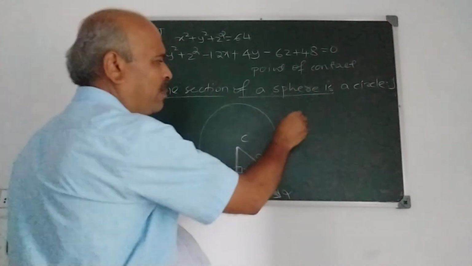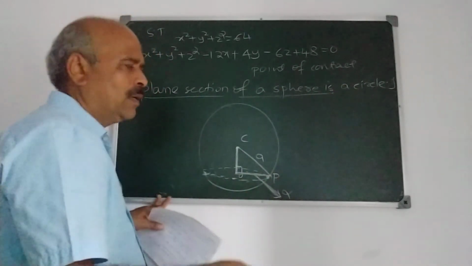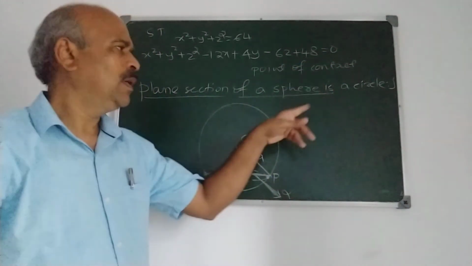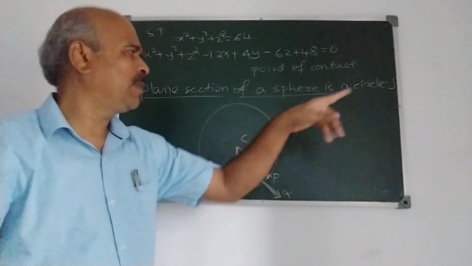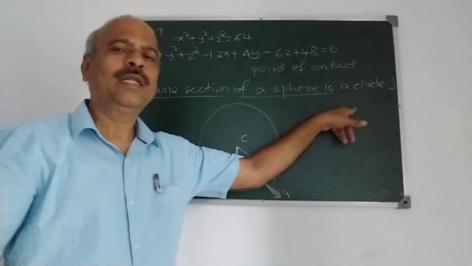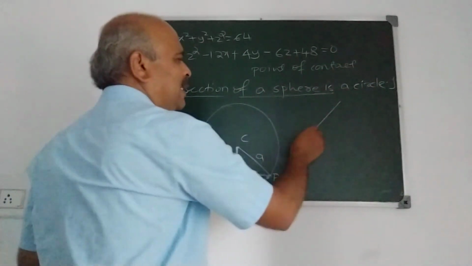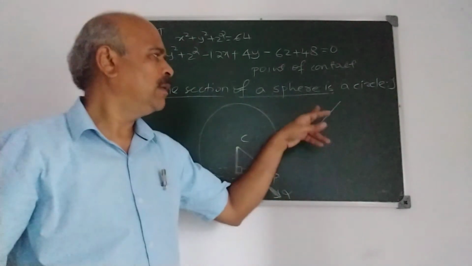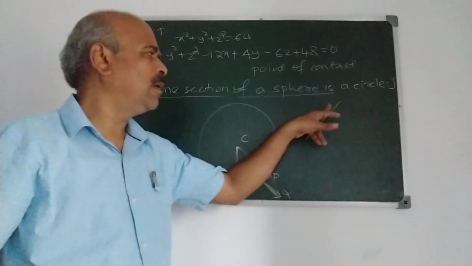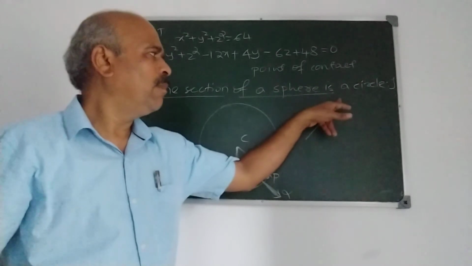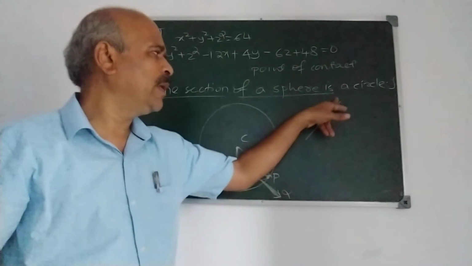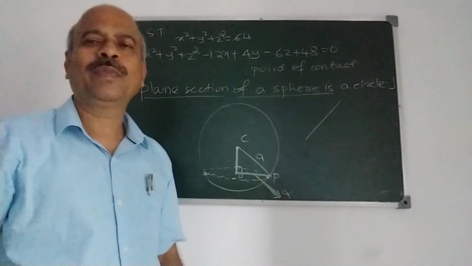Now if you draw perpendiculars like this to this plane, then any line which lies in the plane, that perpendicular is perpendicular to this line also.